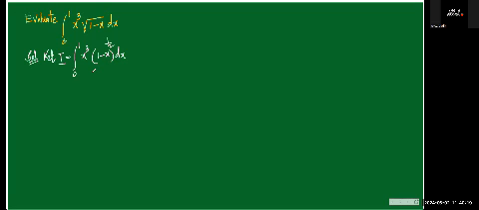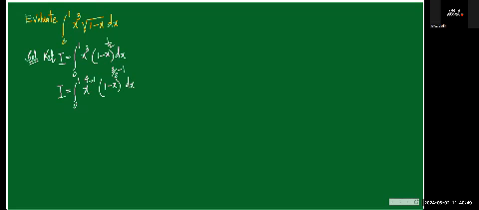Beta function. बीटा फंक्शन, इसके लिए आपको यहाँ पर x पावर m-1 वाला फॉर्मेट चाहिए, है ना? तो कैसे बनाएंगे? x power 4 minus 1 is 3, into 1 minus x whole to the power of 1 by 2. 1 by 2 means 3 by 2 minus 1, 3 by 2 minus 1 is 1 by 2.